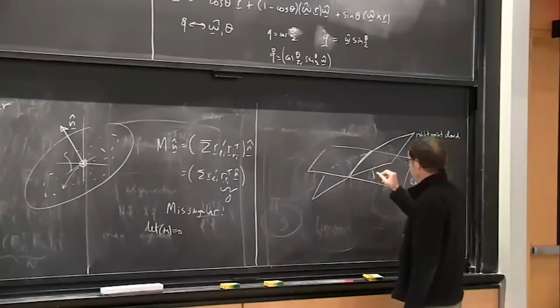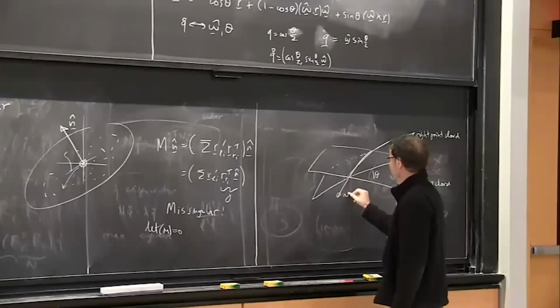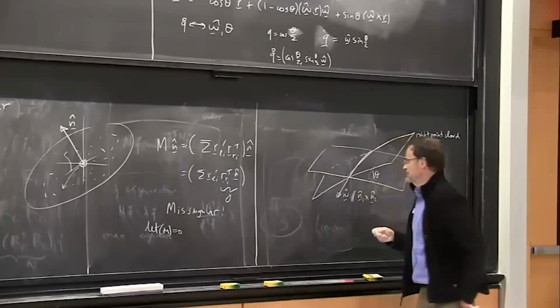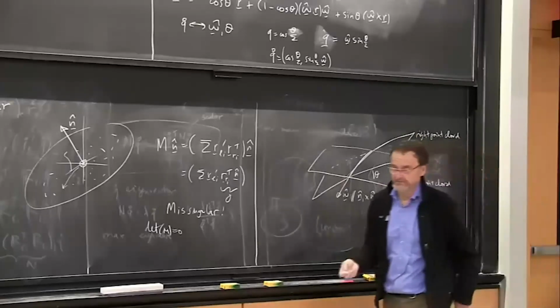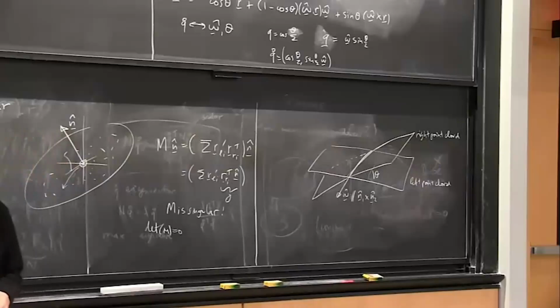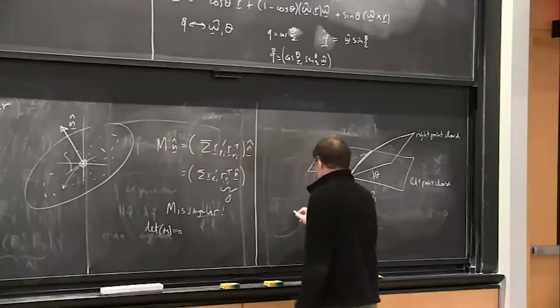Now to do that, I'd need to find this angle, and I need to find this axis. And the axis is parallel to N1 cross N2. Right, if we have two planes that have normals N1 and N2, they intersect in a line which is parallel to N1 cross N2. And the angle, of course, I can get very easily also.